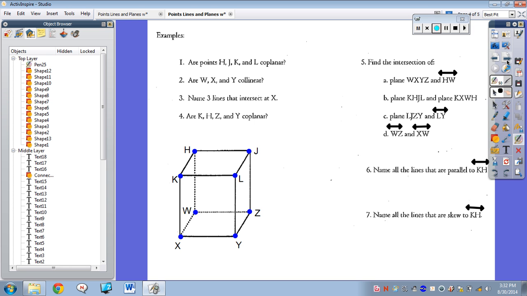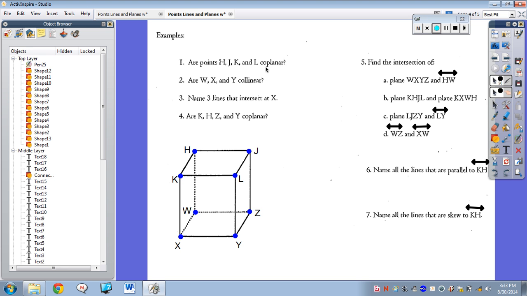Okay, so let's apply what we learned about two lines intersecting, two planes intersecting, and a line and a plane intersecting. We're going to take this picture right here, this cube, and answer these questions, using all the vocab terms that we used. All right, are points H, J, K, and L coplanar?